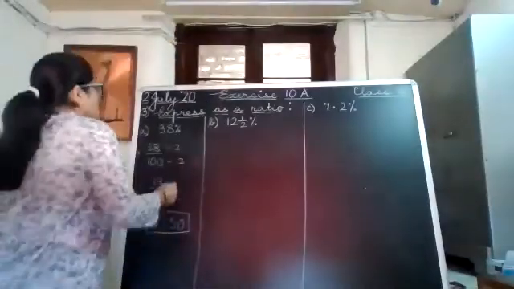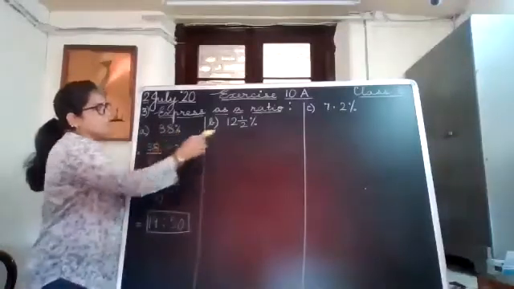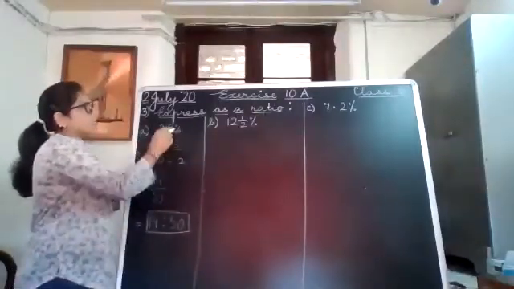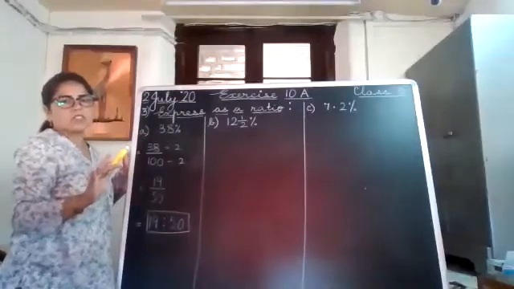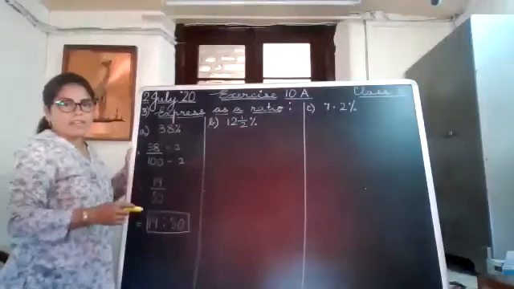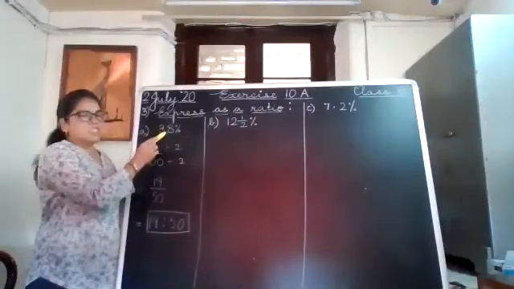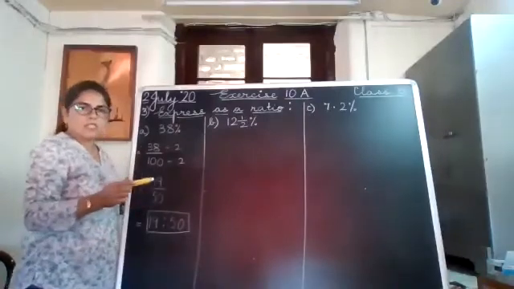Yes. So now we have to convert percentages to ratios. Converting percentages to ratios is not very different from converting percentages to fractions. So what are we supposed to do? We convert the percentage to a fraction in its lowest terms.